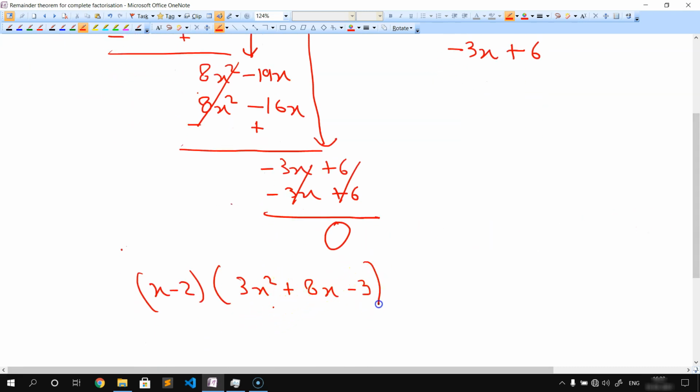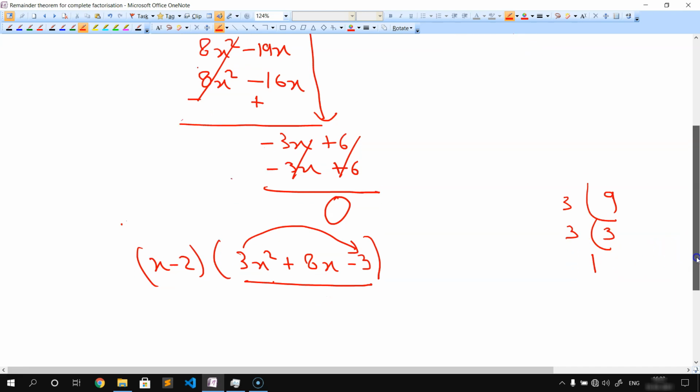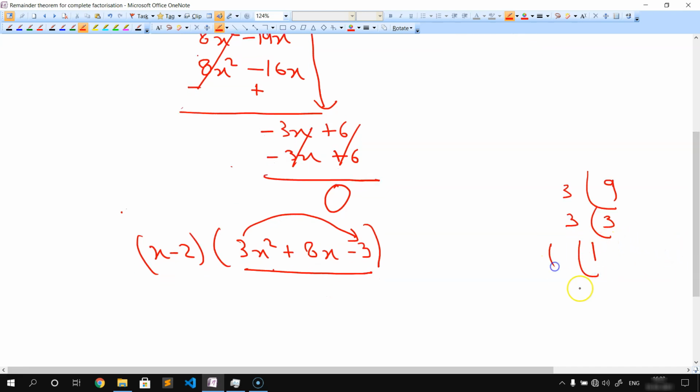So now we are completely factorizing it. It looks like a quadratic equation. We will multiply this and take their LCM. It will become 3 times 3 is 9, and 3 times 1 is 3, and we can write it as 1.